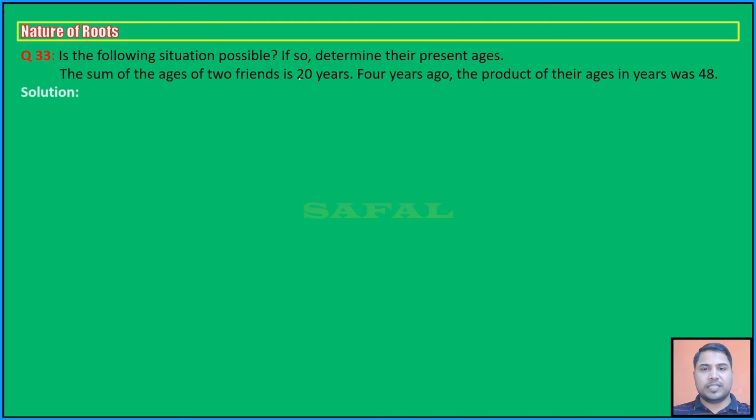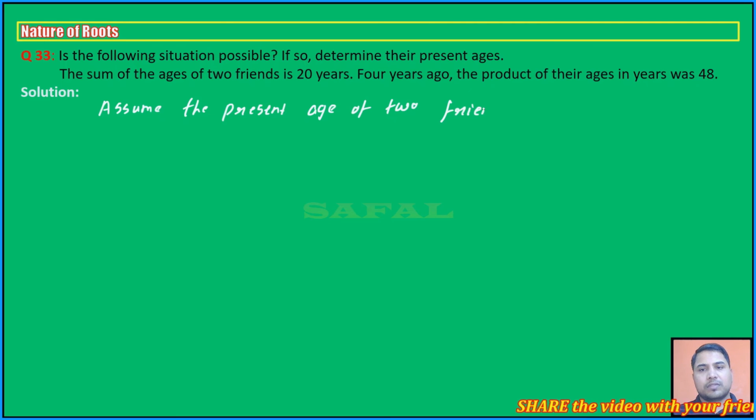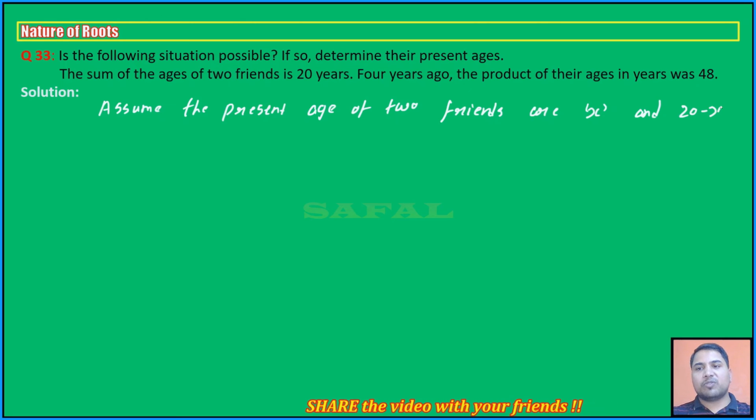So assume, the sum of the ages of two friends is what? 20 years. Okay, so assume the present ages of two friends are x and 20 minus x. अब मैं 20 माइनस x क्यों बोल रहा हूँ? क्योंकि दोनों की एज का सम जो है 20 years है.